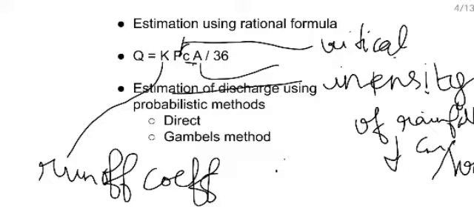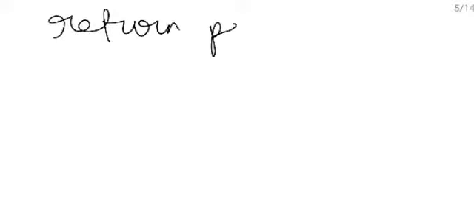Now, estimation of discharge using probabilistic or statistical methods. First, the direct method. The direct method means we will be considering the return period of a particular peak flow. We will be taking this PC itself. Suppose we have the rational formula as K PC A by 36, where PC is the critical intensity of rainfall in centimeter per hour.